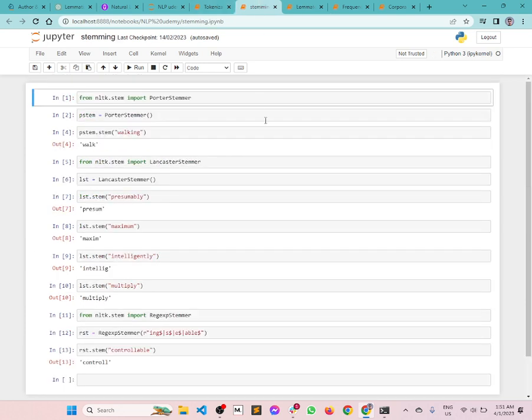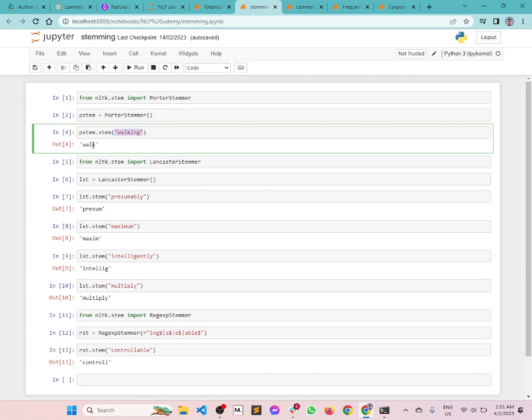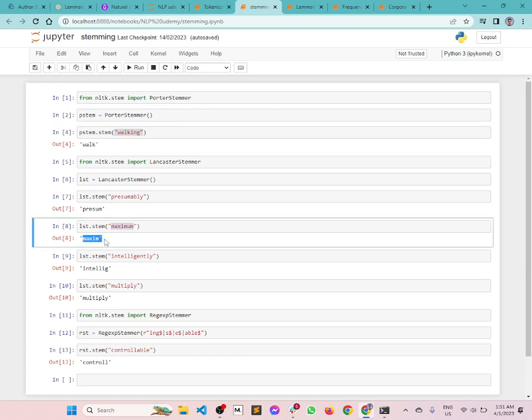Then stemming is a sort of lemmatization, but it has some other properties. Here we are calling from nltk.stem import PorterStemmer. If we see this, stemming walking goes to walk. And maximum introduces maxim. Actually stemming is reducing the suffix or prefix from the word.